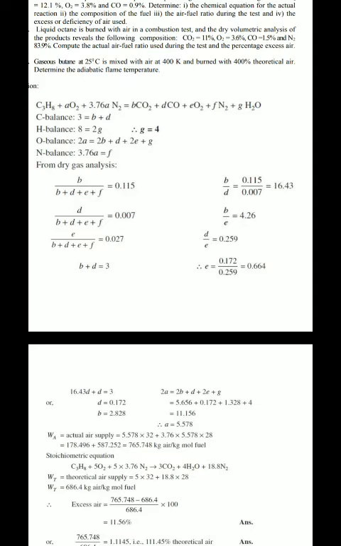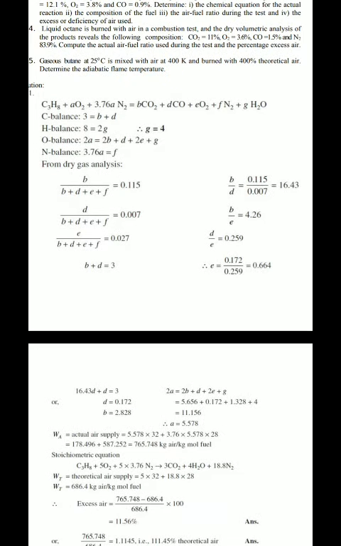If we balance carbon, there are 3 units, and there are also 3 units on the right hand side. For H, there are 8 units, and on the right you can see 4 H2O, which again gives 8 units of H. For oxygen, there is 10 on the left hand side, and on the right hand side 3 CO2 gives 6 and 4 H2O gives 4, so 6 plus 4 is 10.